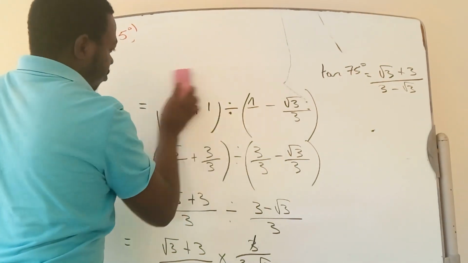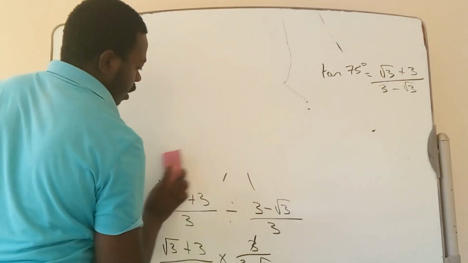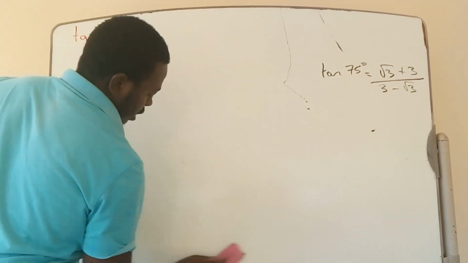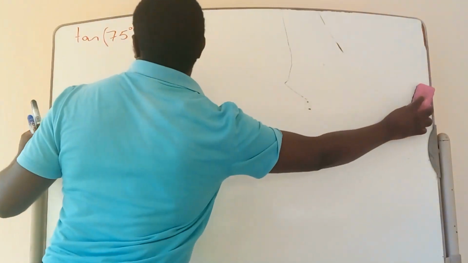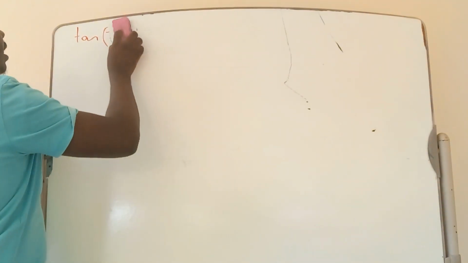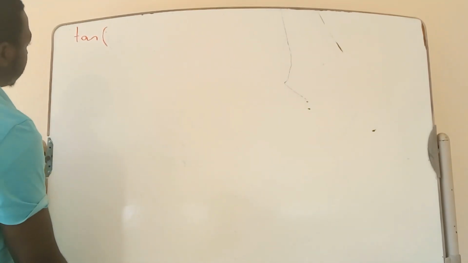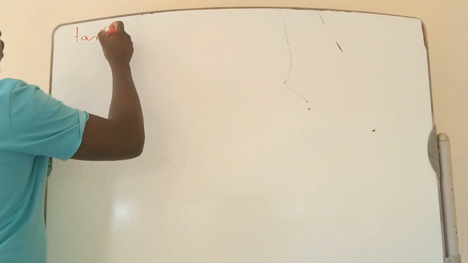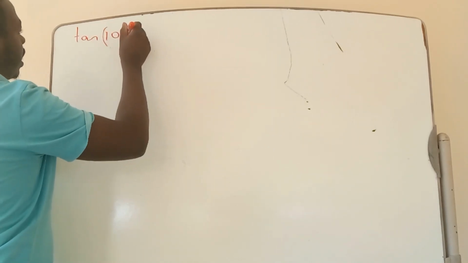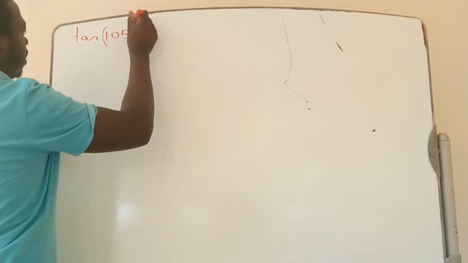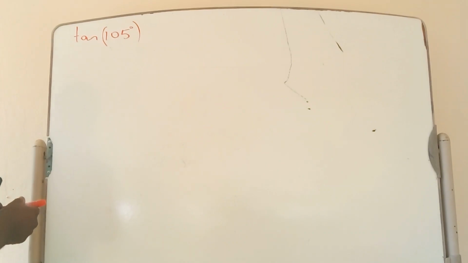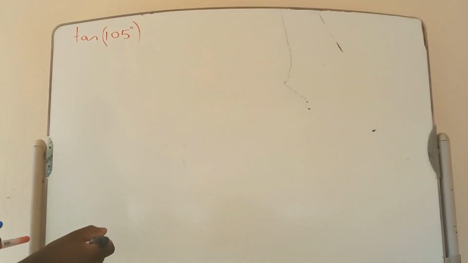So, last one that we're going to look at is tangent. Let's see, they're asked to find the tangent of 105 degrees. What do you think this is equal to?